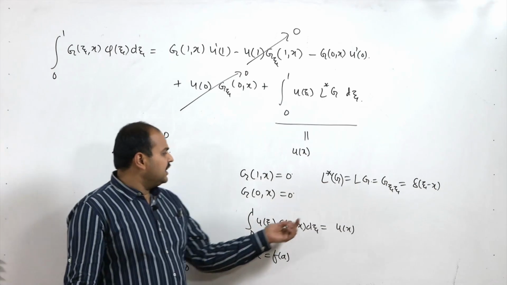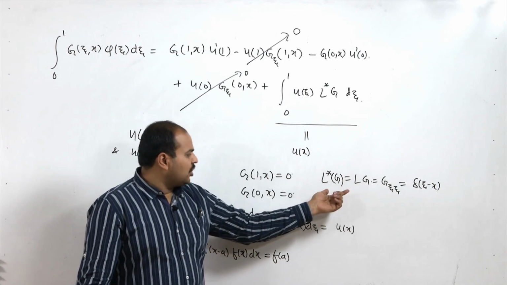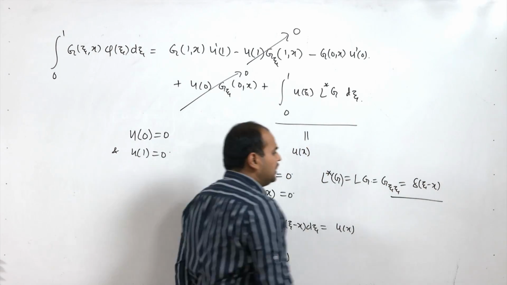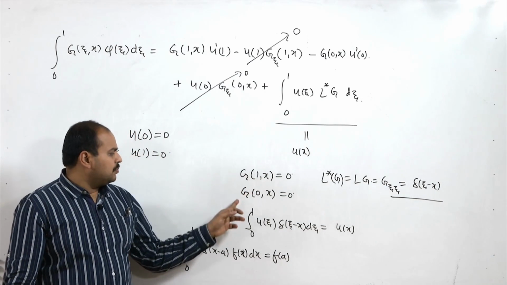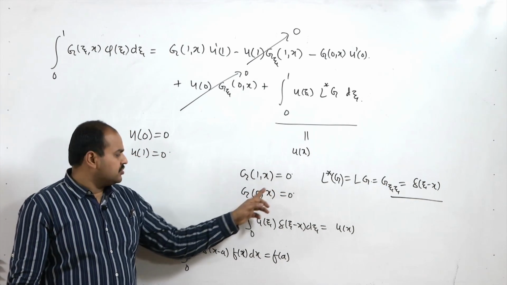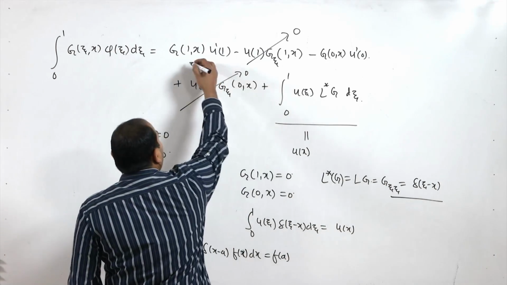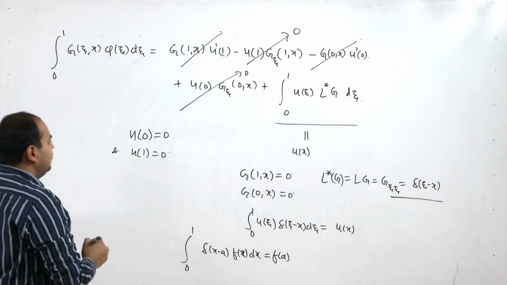So here we are using the filtering property of the Dirac delta function. It means that if we assume our Green function will satisfy this equation, that L g equal to delta(xi minus x) and satisfy these two boundary conditions, that g(1,x) equal to 0 and g(0,x) equal to 0, then this will also vanish and this is coming out to be u of x.